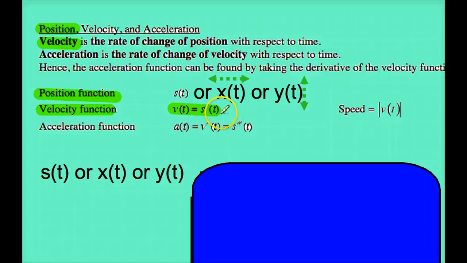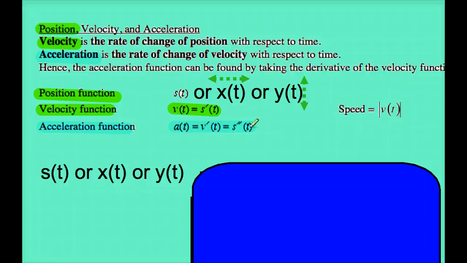So s prime of t, or x prime of t, or y prime of t, depending on the variable you're using. And finally, the acceleration is the rate of change of velocity, which in this case is the derivative of velocity, which technically is the second derivative of position.